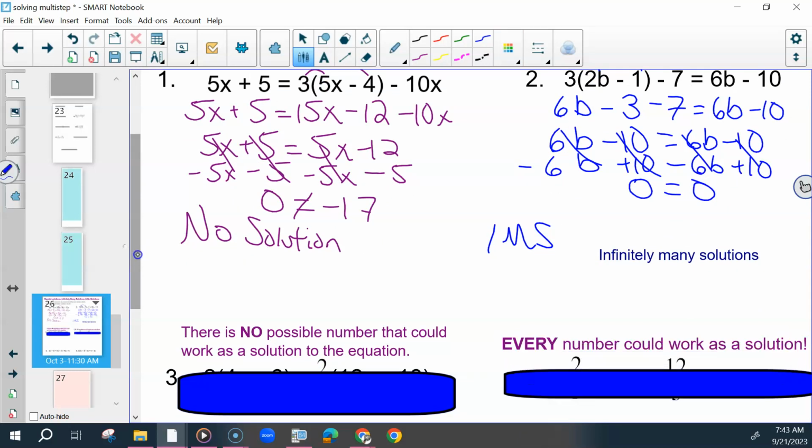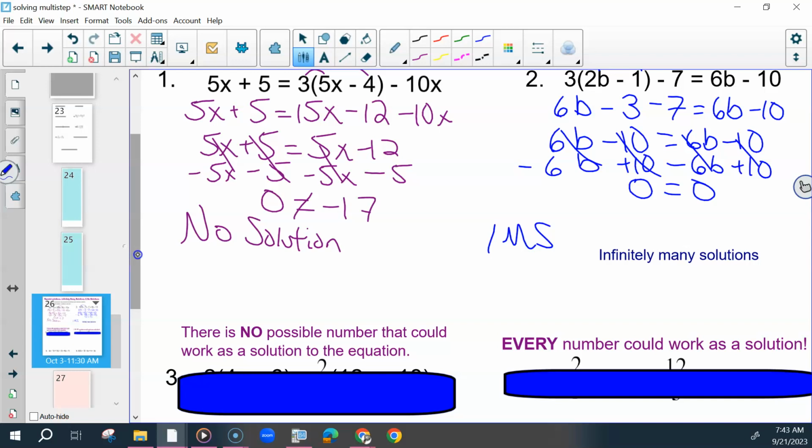That every single number in the world that you know, you could put in and it would always work. 1, 10, 20, 50, 100, a million. Keep going. And all the negatives and all the decimals and all the fractions, all of them. They would all work.